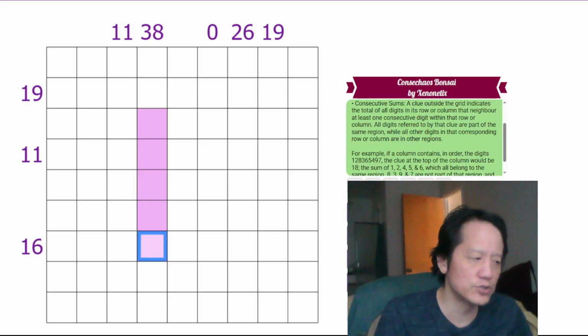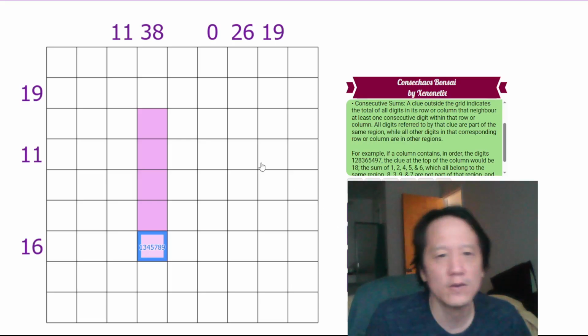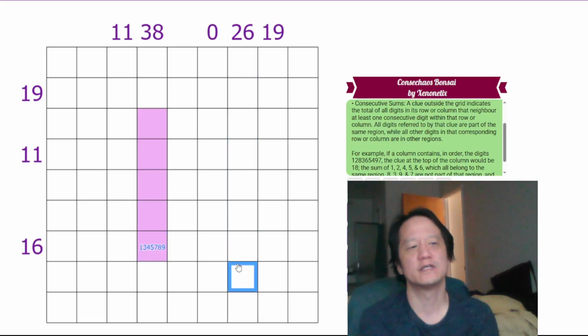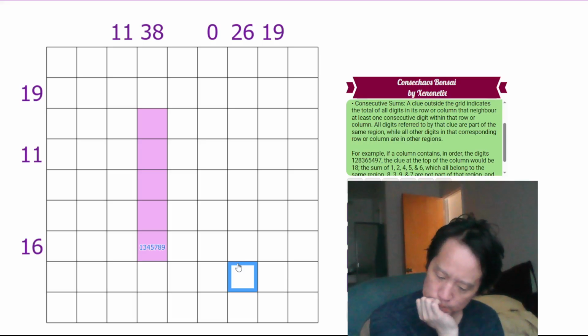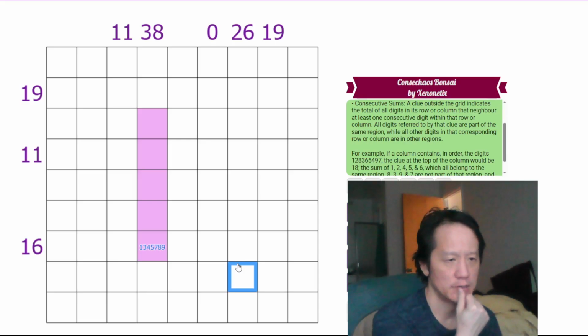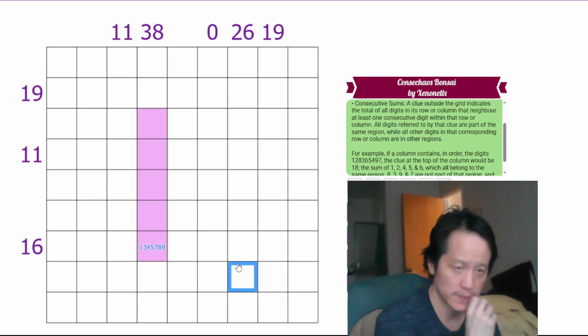So this cannot be 2 or 6, which means this is 1, 3, 4, 5, 7, 8, 9. 26. Now that's interesting. That means the digits which are not consecutive, hmm.